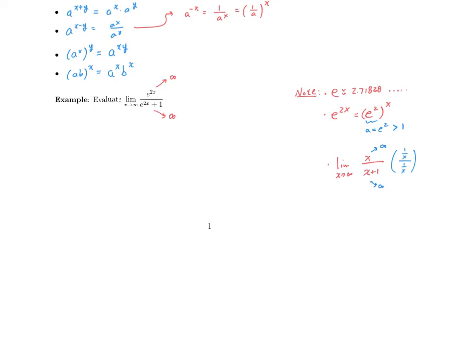Let's go ahead and see if we can do that intuition here. The largest power in the bottom would be this e to the 2x. So let's go ahead and multiply by 1 in this somewhat fancy way: 1 over e to the 2x divided by 1 over e to the 2x.